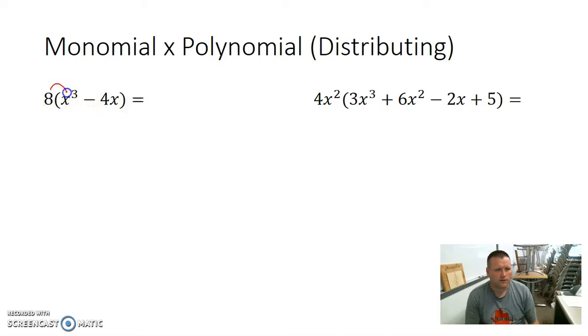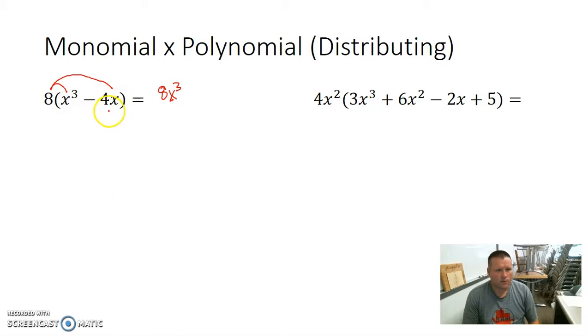They usually distribute this. They take 8 times x to the 3rd. Well, 8 times x to the 3rd is just 8x to the 3rd, because it's 8 times 1, which is 8. And then you've probably seen this where it multiplies the second time. It's like a nice little rainbow or whatever you want to think of. It's making it rain or something. So we go 8 times 4x.